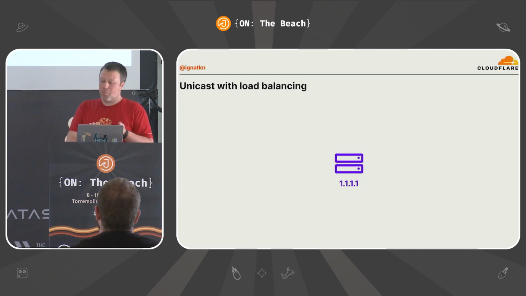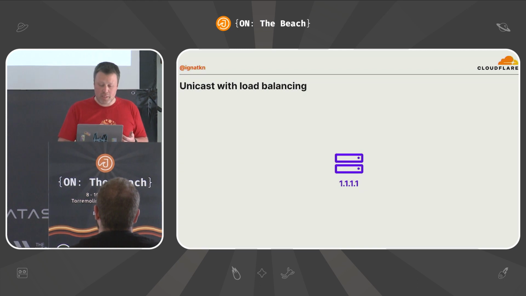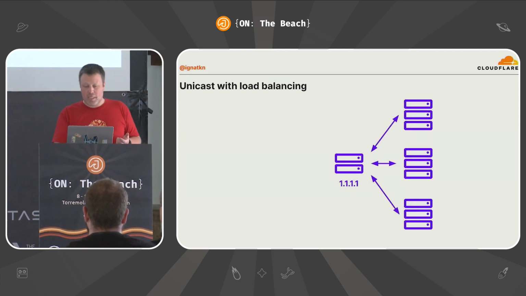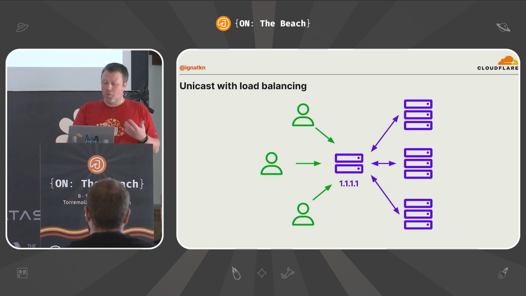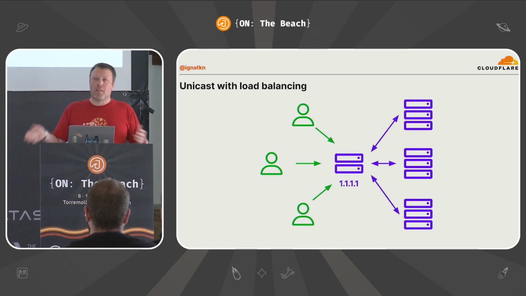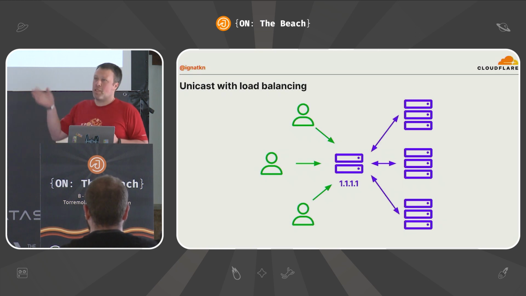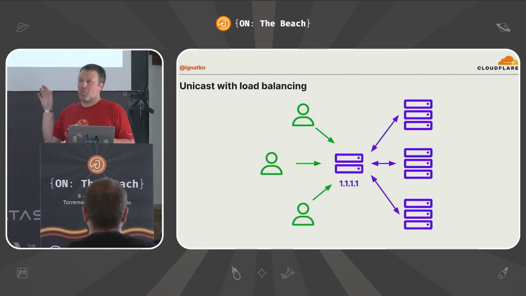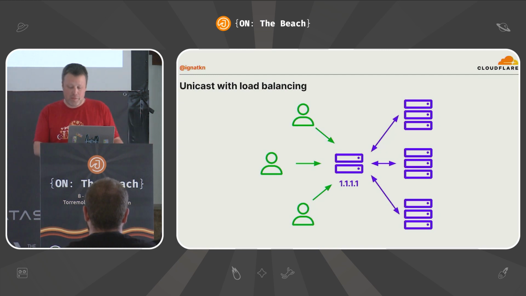So you have a load balancer, which has a public internet address, and you have a bunch of backend servers. Technically, users connect to your load balancer, and the load balancer distributes the user requests across the backend servers. So you can scale a little bit horizontally here by scaling the backend servers.